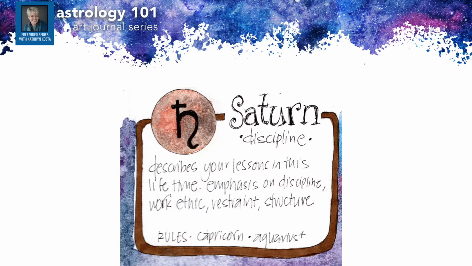The emphasis is on discipline, work ethic, restraint, structure, the things that you need to build your life. And so it's very natural we see it associated with Capricorn, which is that earth sign about building things step by step. And it is also, to the ancients, associated with Aquarius.